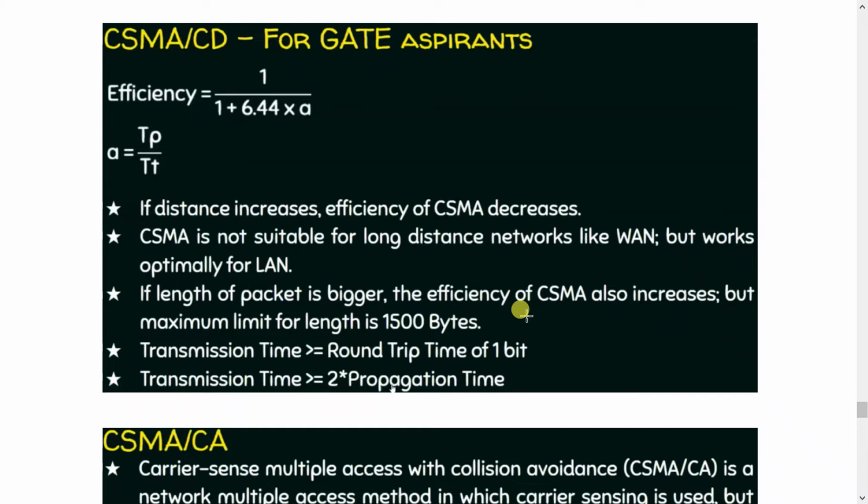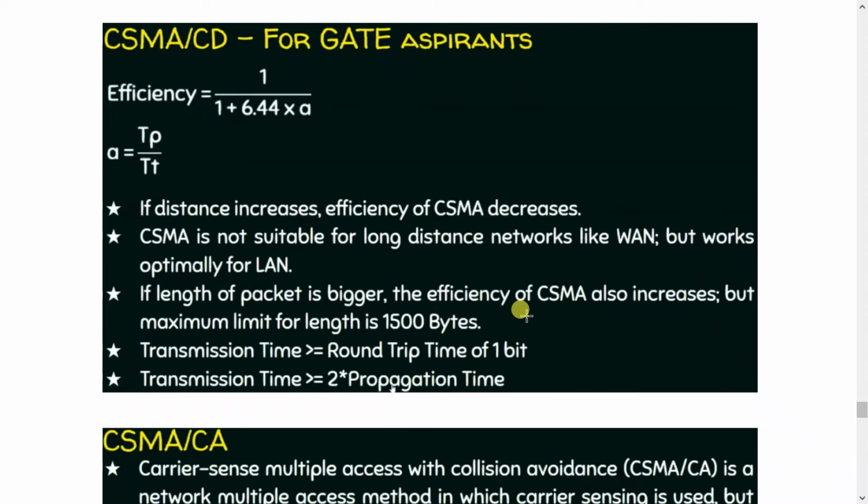You need to be able to read the equations correctly, understand them, and connect the variables with each other. So CSMA is not suitable for long distance networks like WAN, but works optimally for LAN. Why? Because of its decreasing efficiency when the distance increases.